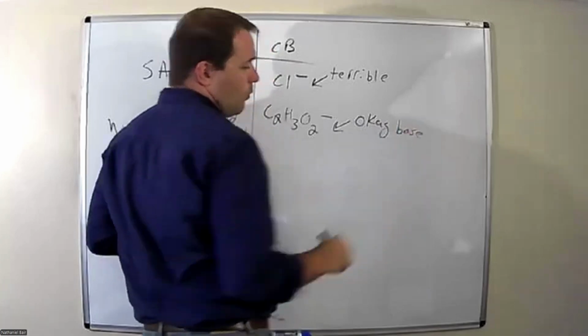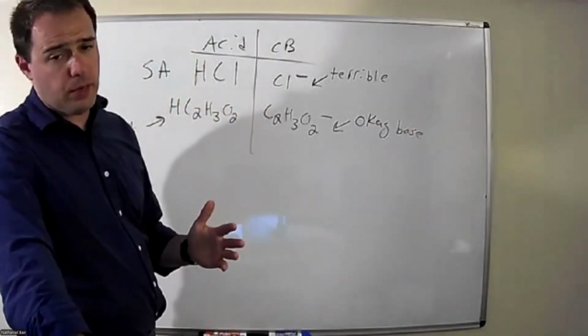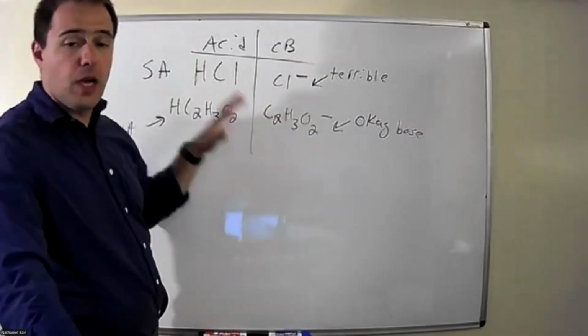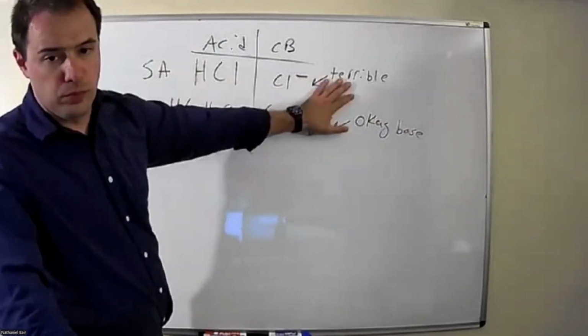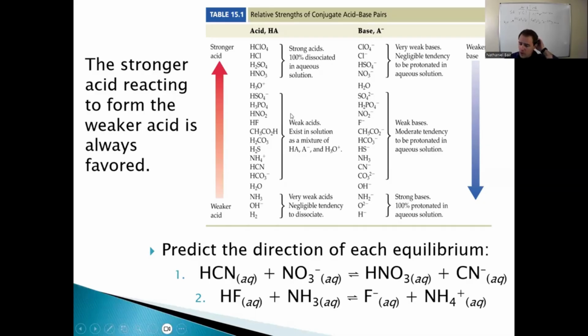It's okay. We're not going to call it strong, okay? Because the strong bases are the alkaline, alkaline earth metal hydroxides. But it's a decent base. The conjugate of something strong, terrible. Conjugate of something weak, decent. Okay. You can use this to predict the direction of an equilibrium where the stronger thing is going to want to dissociate more than the weaker thing. So let me show you.